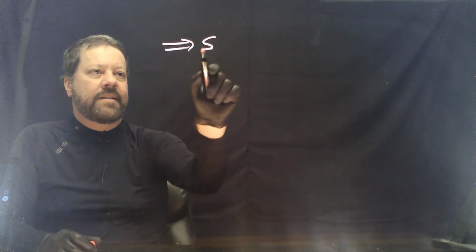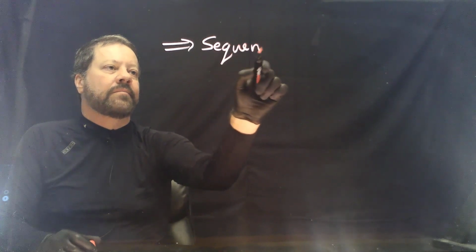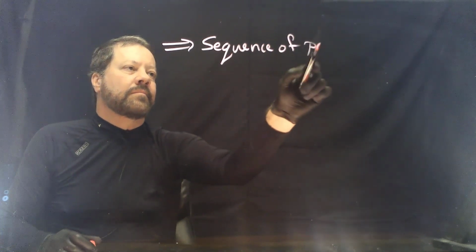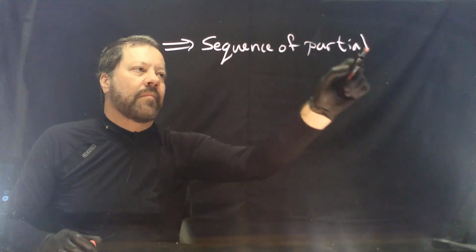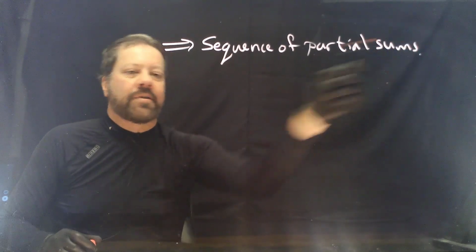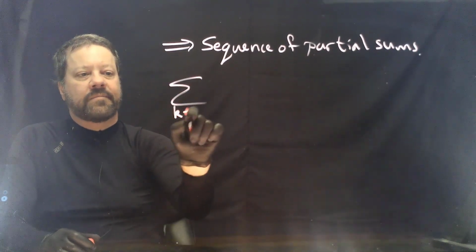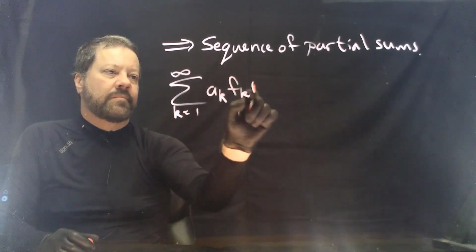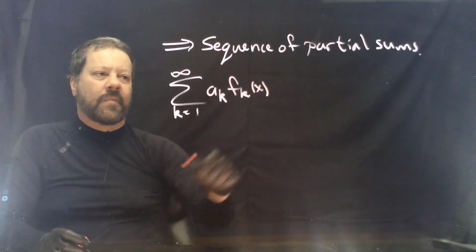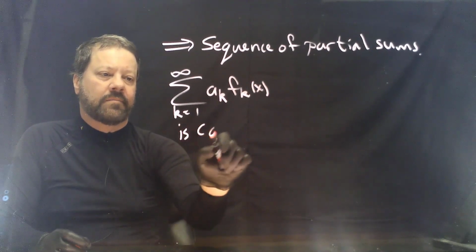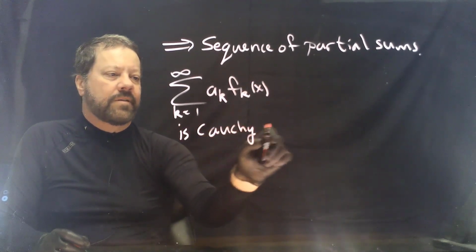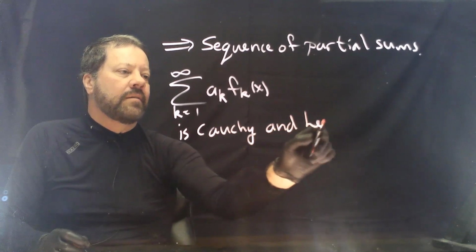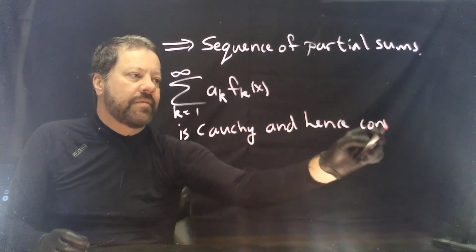And so the sequence of partial sums is Cauchy and hence converges.